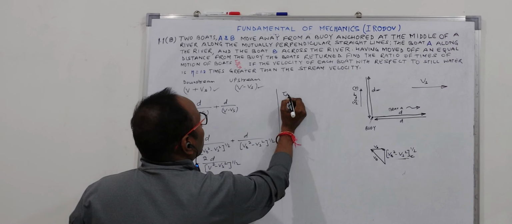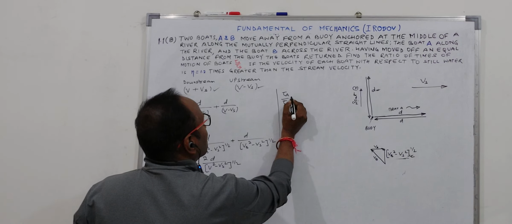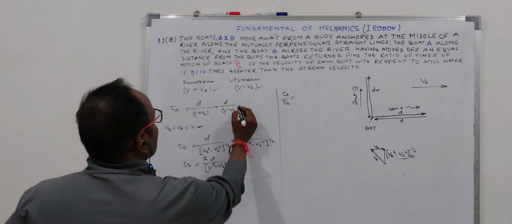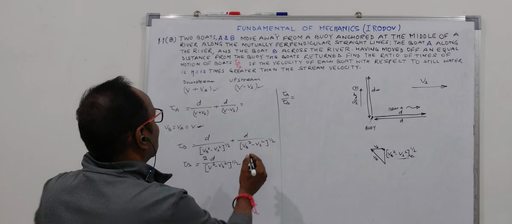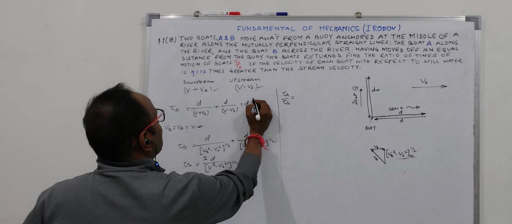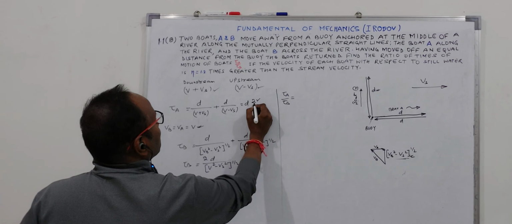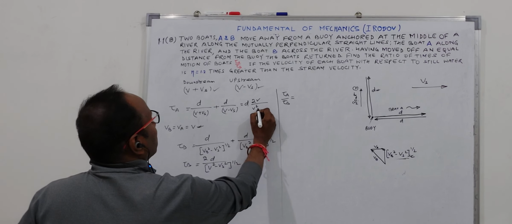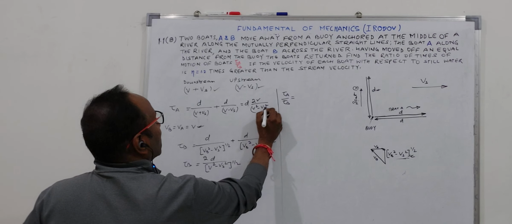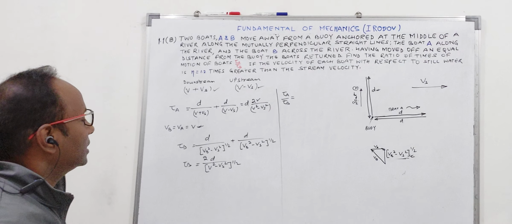The question is asking tau A by tau B. We have to simply divide it. This one, if you extend further, what is coming? d, Vs will cancel out, so 2V times d, and this will be V square minus Vs square. Correct?